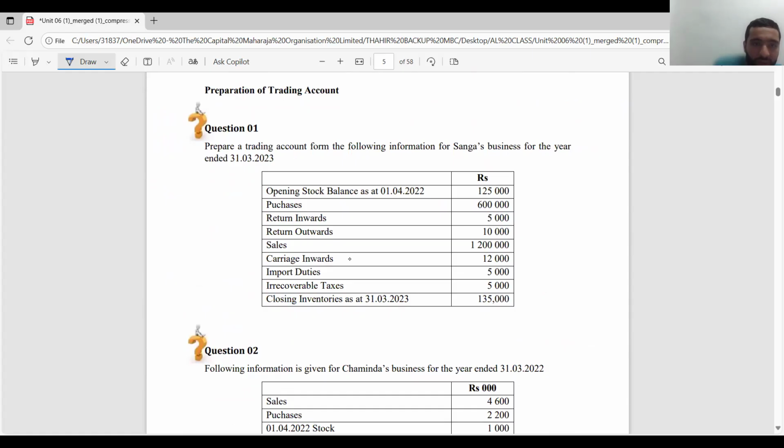We are moving on to question number 1. I will give you all 2 minutes. I'll be back at 9:31. Prepare the trading account. What do you have to find? The GP. What is GP? Gross profit. You have time until 9:31.